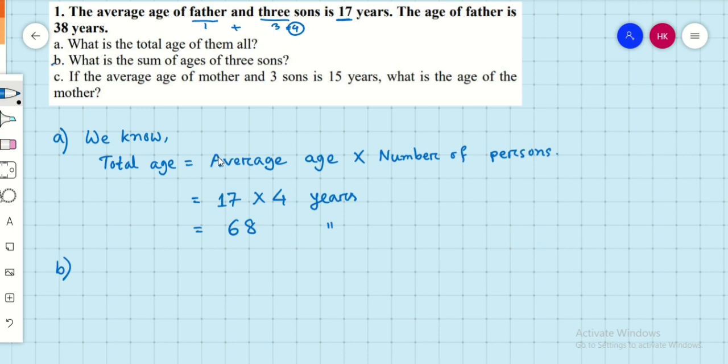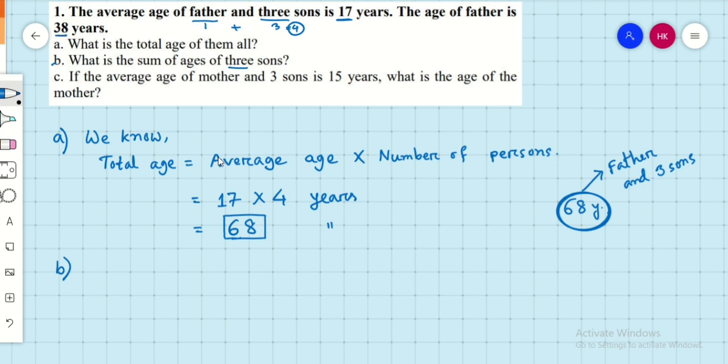What is the sum of ages of 3 sons? Here the total age of father and 3 sons is 68 years. But the question says the age of father is 38 years.